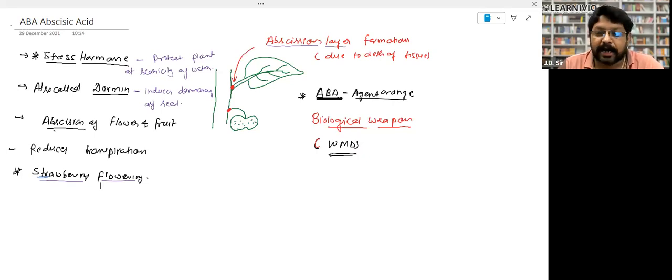At high temperature, the plant starts releasing abscisic acid. Abscisic acid closes the stomata and reduces the rate of transpiration, and that's how it protects the plant. Did you get my point?